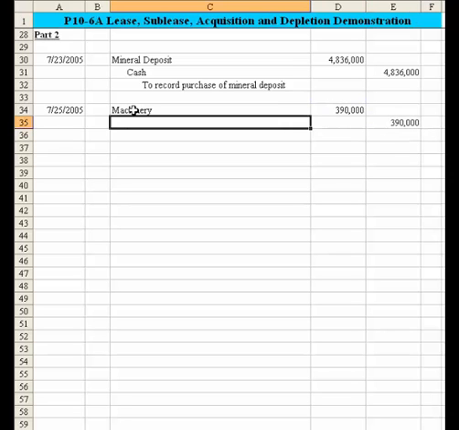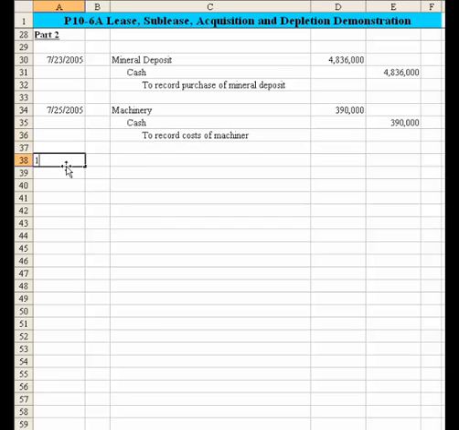Credits in the same dollar amount, and like the cell above, it comes from cash, so rather than typing it, I'll just use the equal sign. And for those of you that may not know, an equal sign works with a number as well as text in Excel. That's why I could just simply reference cell C31. Comes out just fine. Now we would say this is to record the costs of machinery. Okay, and we'll indent that, put it in proper format.